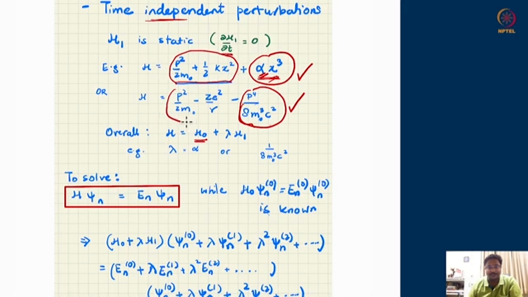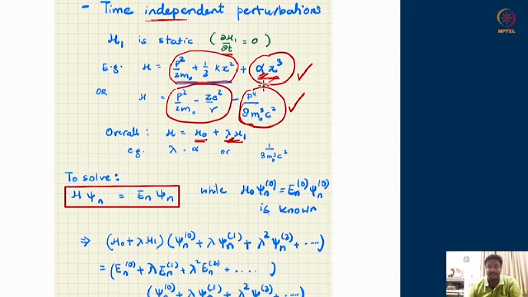For the hydrogen-like atom, this was the free theory. Now, there is an extra term which is added to it, which is lambda times h1, where lambda is a parameter which tells you about the strength of the term which is coming about. This usually depends upon the parameters in the theory.